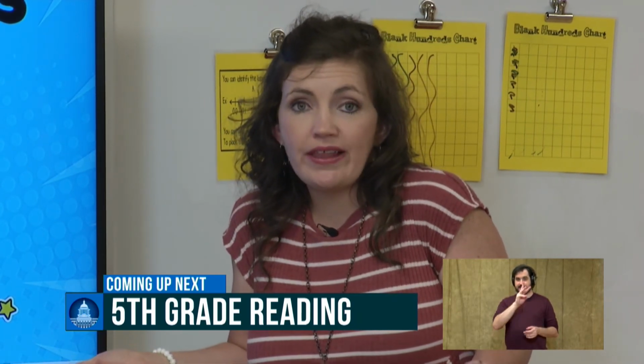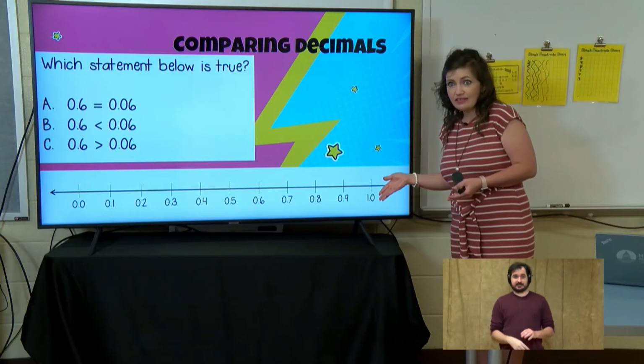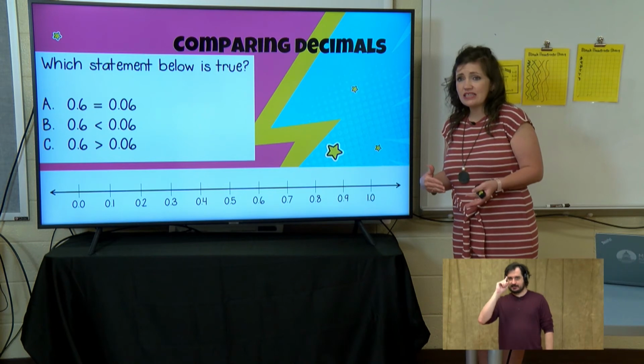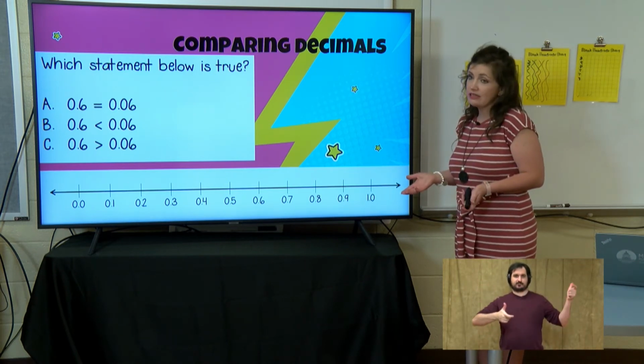How many cents would that be? 60 cents. If you have 6 hundredths, what would you use? Pennies, right? So would 60 cents be the same as 6 pennies? 6 cents? No, we know that our 6 dimes, our 60 cents would be greater than our 6 pennies or our 6 hundredths.